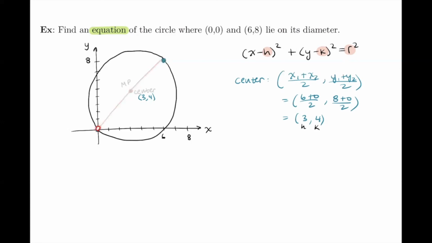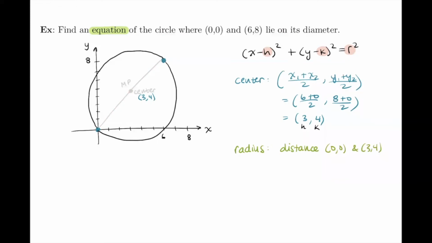I like the idea of using the center and the point 0, 0. So I'm just going to do that. Let's find the radius. It's going to be the distance between 0, 0 and the center of 3, 4.